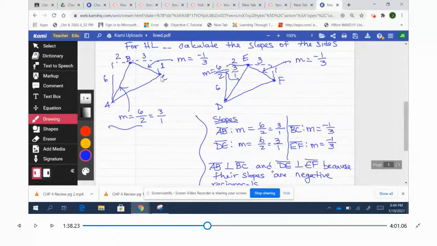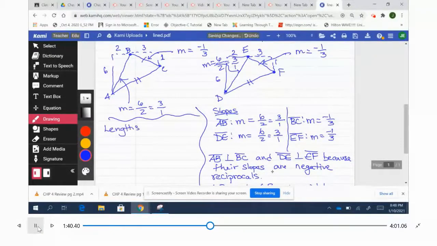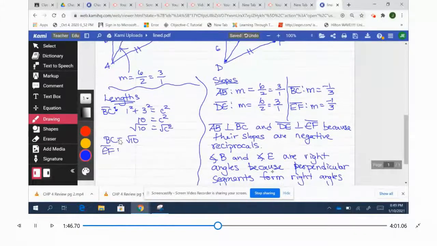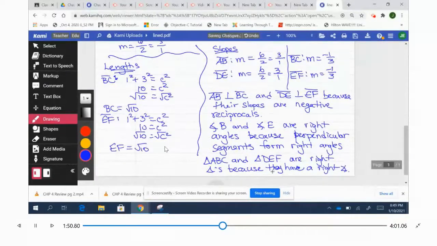Now A to C, it's really right 5 up 5. So you're going to see the Pythagorean theorem for that. The length is going to be square root of 50. And same thing with DF. If these were on graph paper, you would be able to see it a little better. The only way to show congruent sides on graph paper is to show the lengths are equal. So we just showed BC has a length of square root of 10. Now EF has a length of square root of 10.